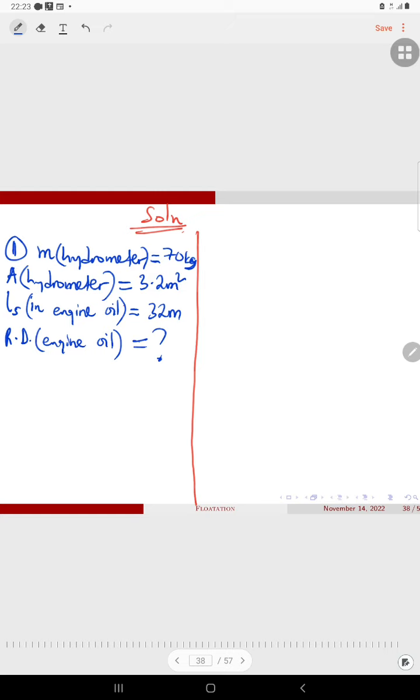So how do we find the relative density of engine oil? We know that the relative density of engine oil becomes the density of engine oil over the density of water.